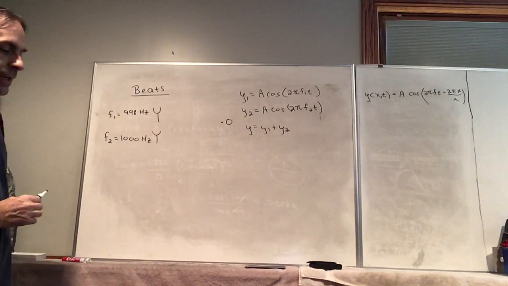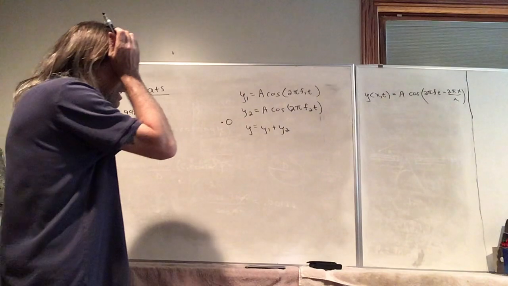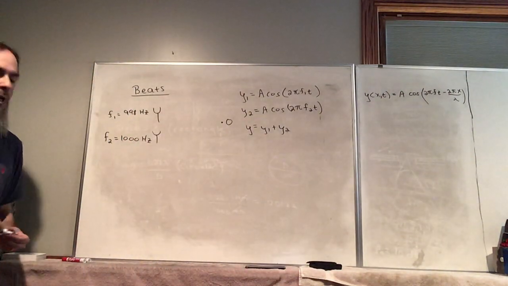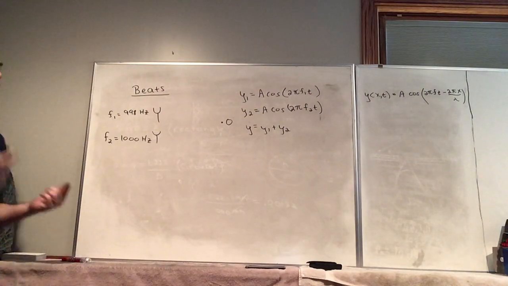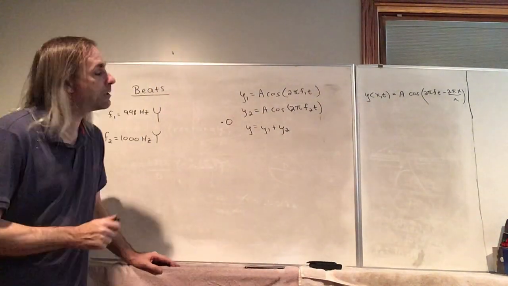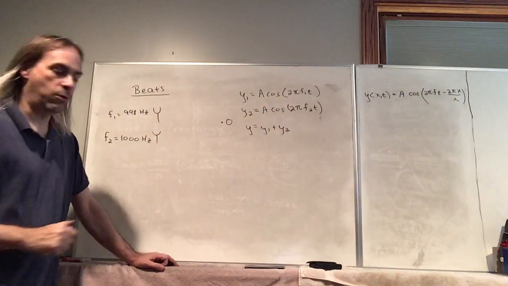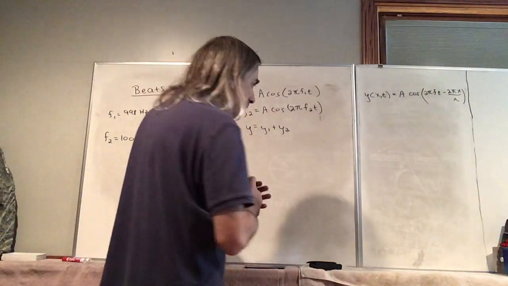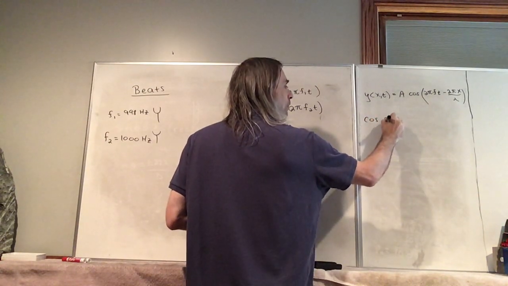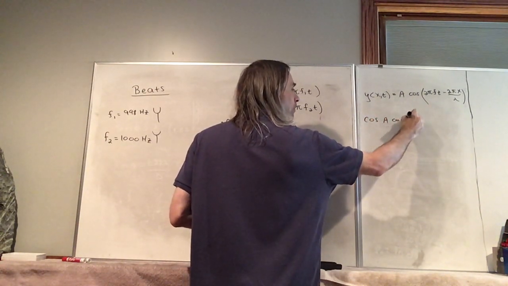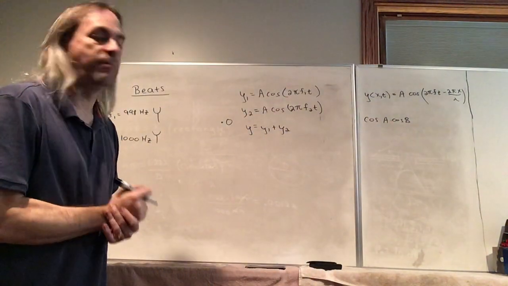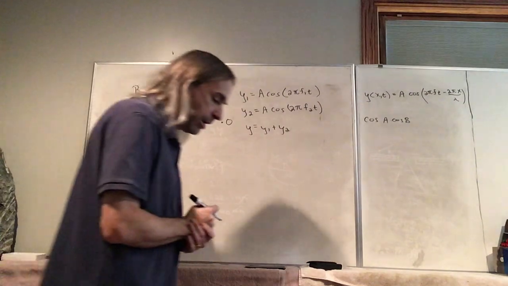Okay, now this is one of those cases where we're going to have to use a formula from trigonometry, which is not a prerequisite for this class. So I'm going to write down this formula. Cosine of A times cosine of B. And I'm going to write this down.